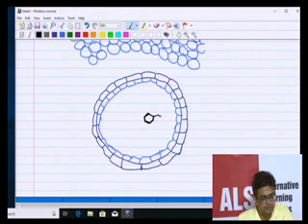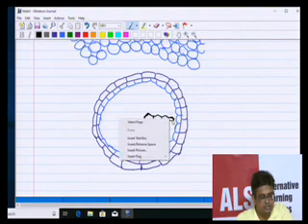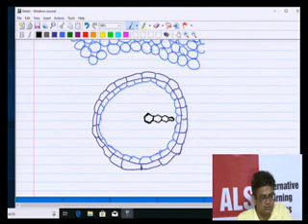Okay. Now you can see as we move towards the outside, the diameter of xylem vessels is decreasing. The diameter of xylem vessels is very quickly decreasing, right?